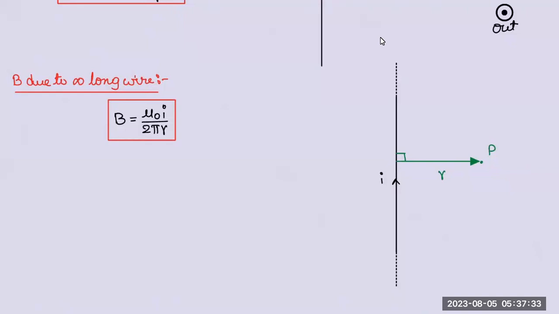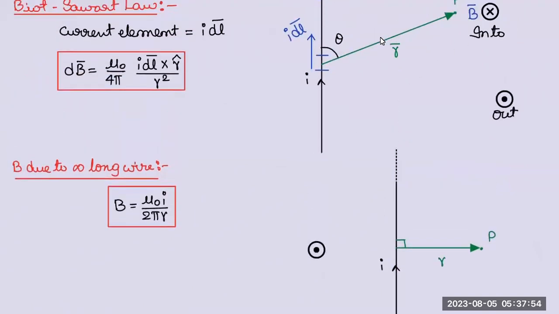Okay. Now, how to get the direction of the magnetic field? Right hand thumb rule. Simply keep your right hand thumb in the direction of current, like this, and curl your fingers. If you keep your fingers here, it will be in. It will be out here. So the magnetic field will be outwards here.